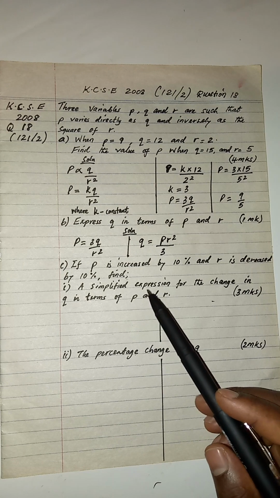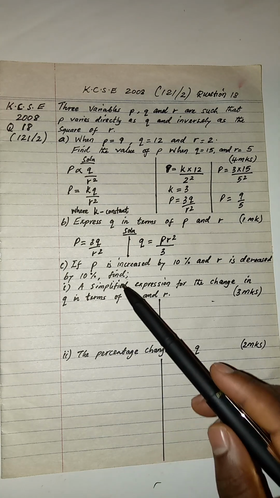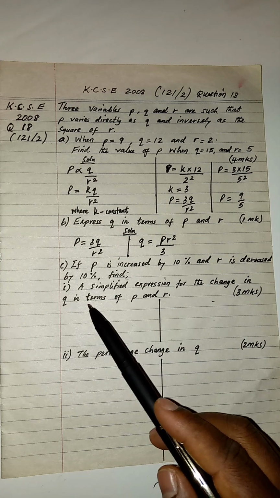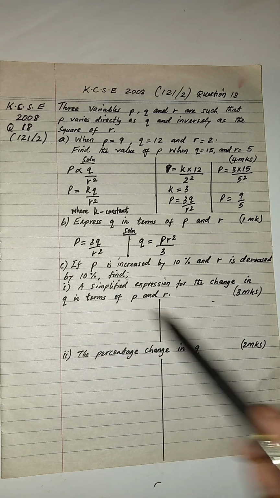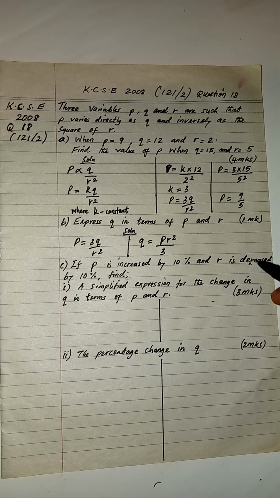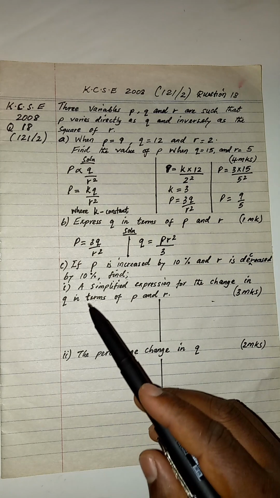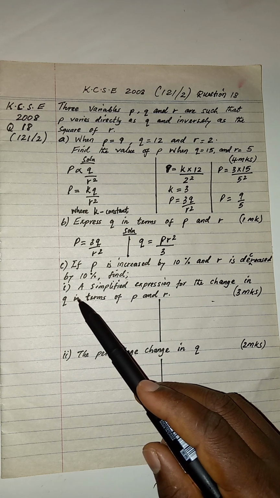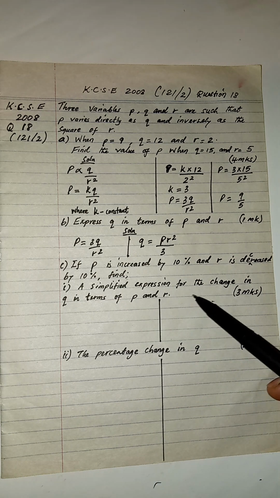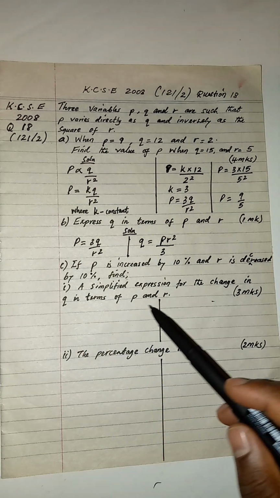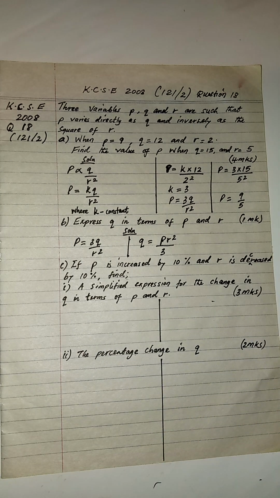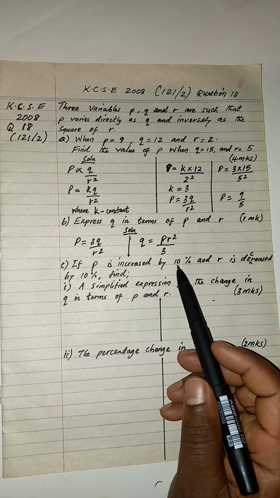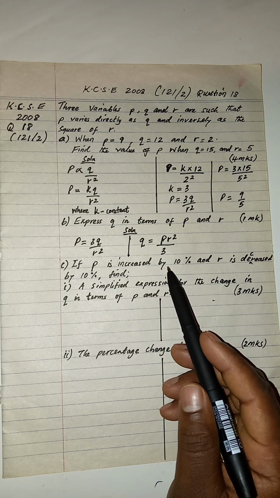Then part C of the question: if P is increased by 10% and R is decreased by 10%, find, Roman 1, a simplified expression for the change in Q in terms of P and R. So we have been told that P is increased by 10%.